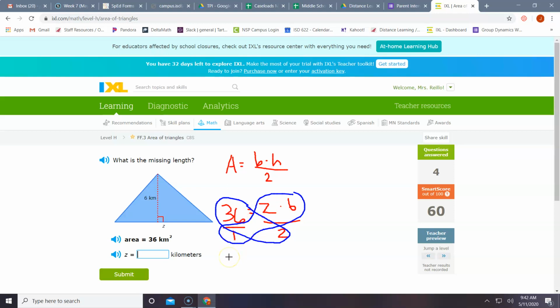So 1 times z, I'm actually going to go over here, z times 6 equals 36 times 2 will give us 72, and then we're just solving again, divide by 6, divide by 6, and we end up with our z equaling 12.